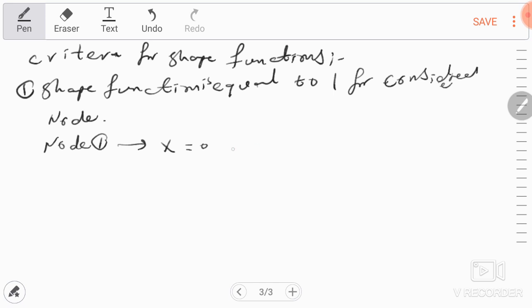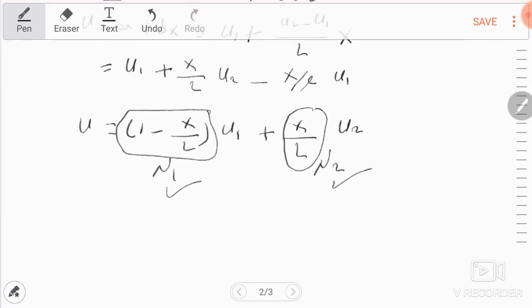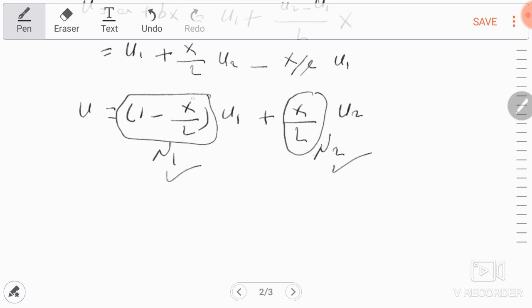So that means N1 equal 1 minus x over L, and I substitute the value of x here, because I want to check the values of N1 and N2.